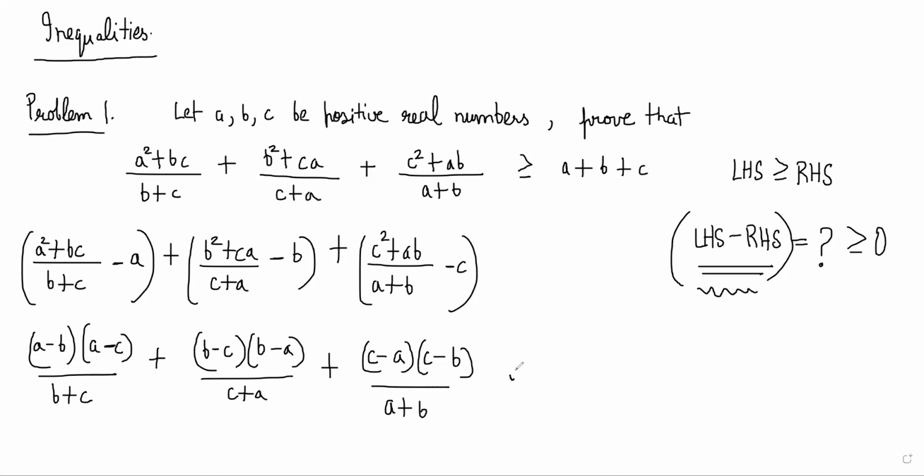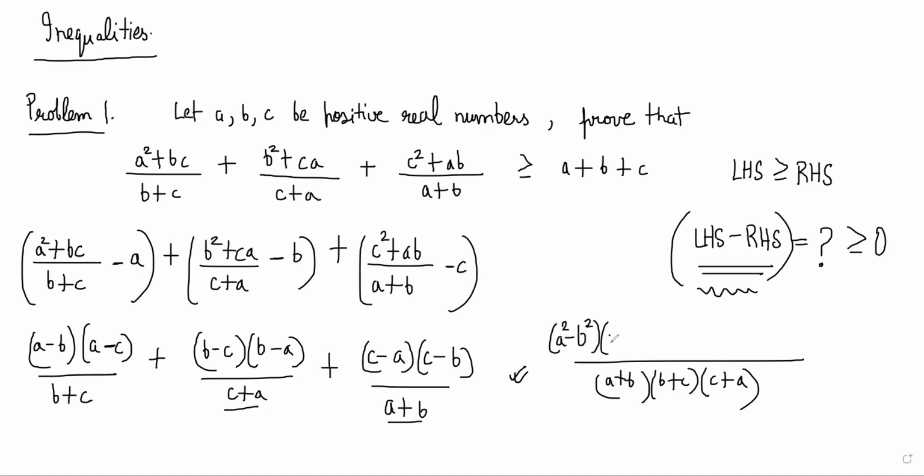You should get till here, I think. Yeah, I have gotten. So then if you take a common denominator, (a+b)(b+c)(c+a), notice that when you multiply this by (a+c) and (a+b), this becomes a square minus b square, a square minus c square, right?